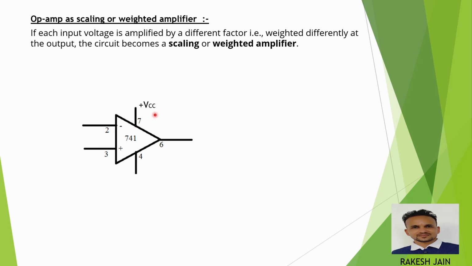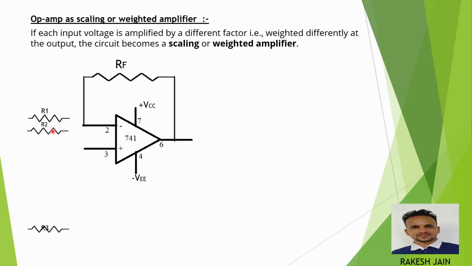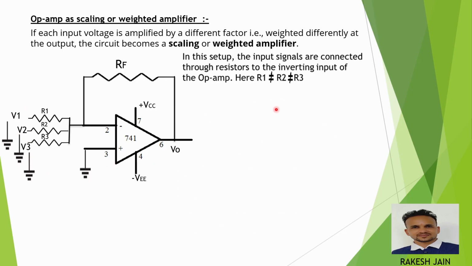Pin 7 is connected to the positive supply, pin 4 to the negative supply, the feedback resistor between pin 2 and pin 6. Series resistors are connected at pin 2, pin 3 is connected to ground. Voltages V1, V2 and V3 are applied respectively between the resistor lead and ground. Pin 6 is the output voltage.